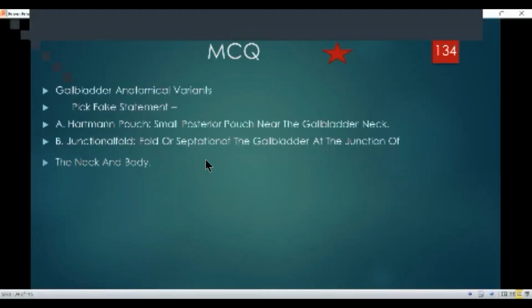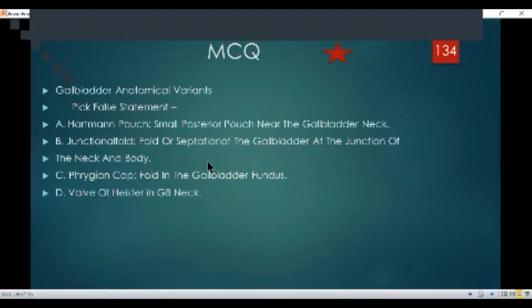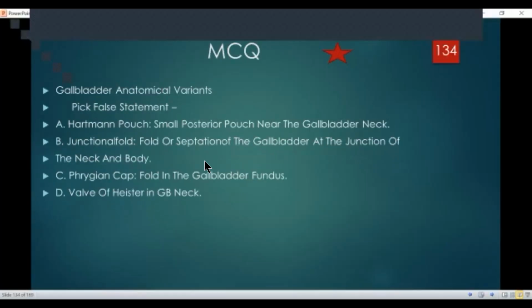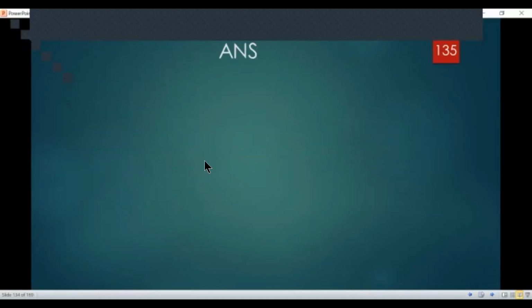Gallbladder anatomic variants, pick the false statement. Which is the false? Wall of the external in the gallbladder neck, it is present in the cystic duct, though sometimes it may be there.